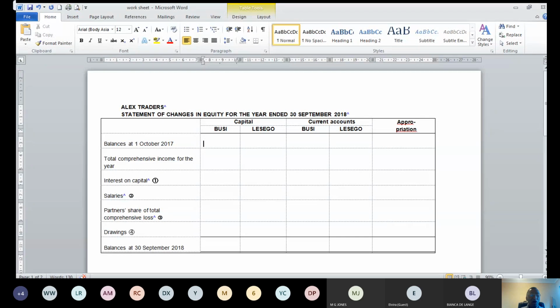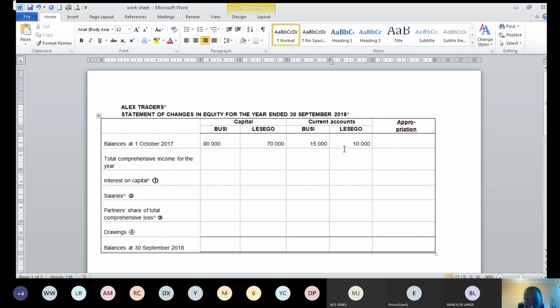The capital account of Busi at a balance of 90,000. The capital account of Lesego, opening balance there of 70,000 Rand. The current account of Busi has got an opening balance of 15,000. And the current account of Lesego had an opening balance of 10,000 Rand.